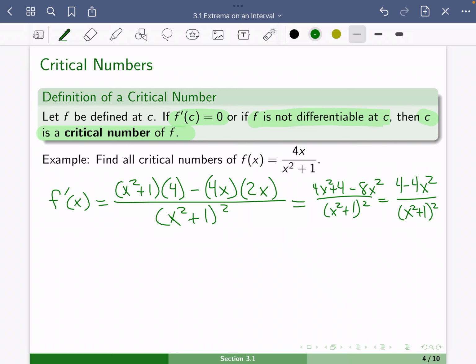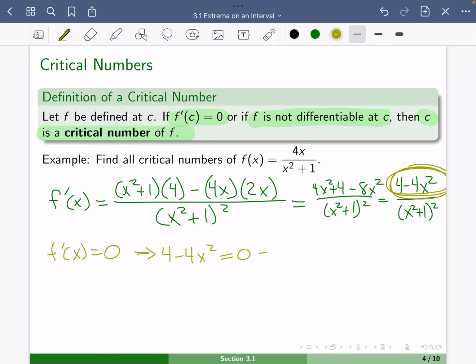Now we haven't found the critical numbers yet. How do we go about finding the critical numbers? Well, to do that, we need to set this derivative equal to 0. So when will this be equal to 0? It's going to be 0 if the numerator is 0. So we have 4 minus 4x squared equals 0.